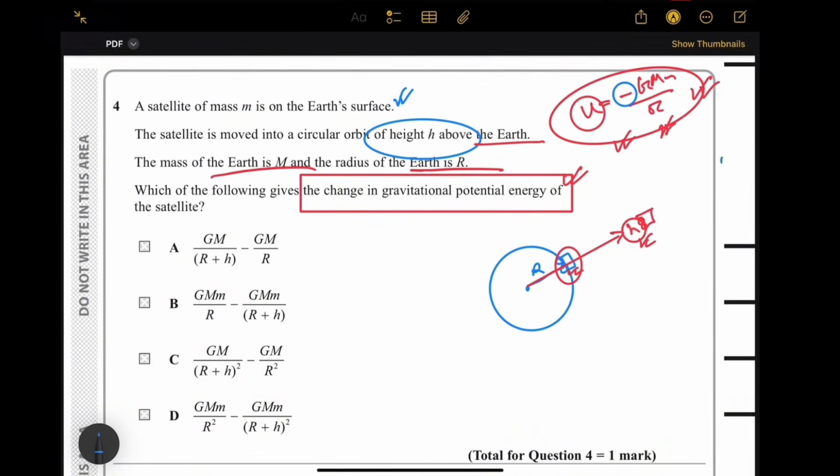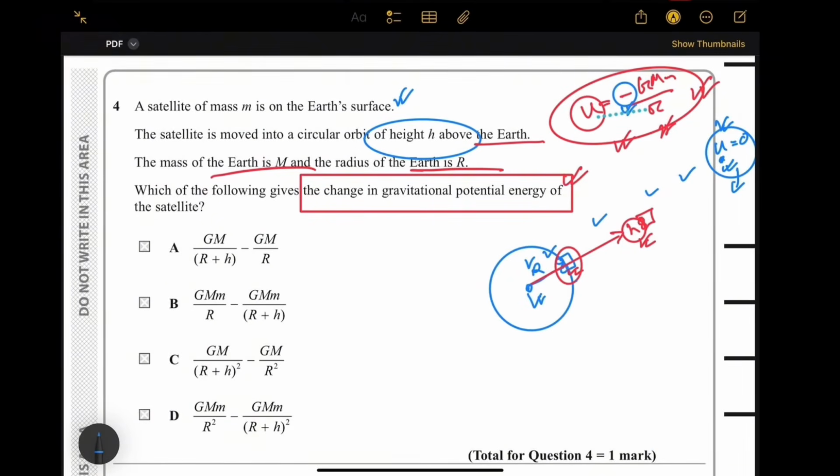Infinity means very far away from the center of the earth. At infinity the gravitational potential energy is 0, but anywhere between infinity and the earth's surface the gravitational potential energy is negative. That's why we have put a negative sign right here.